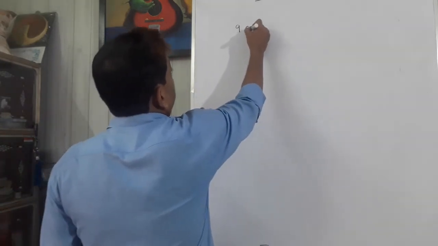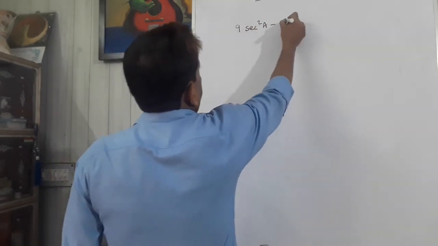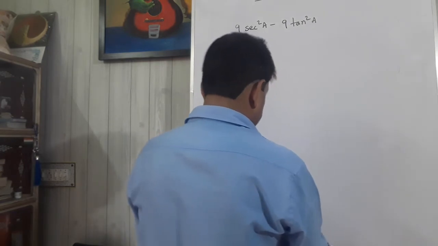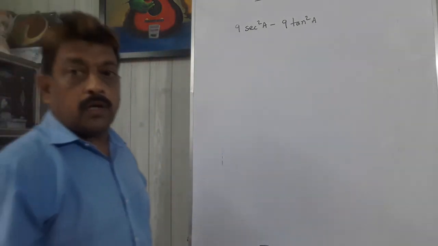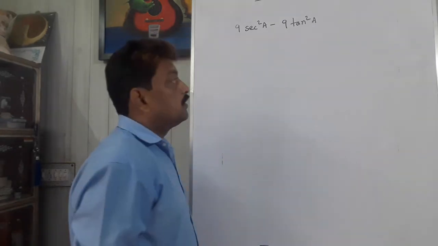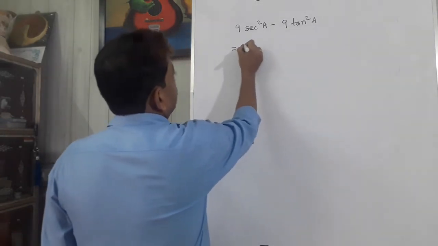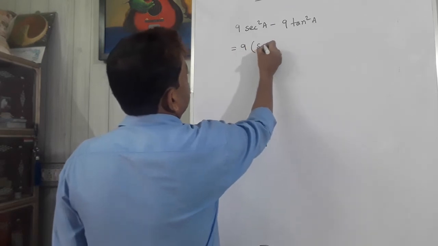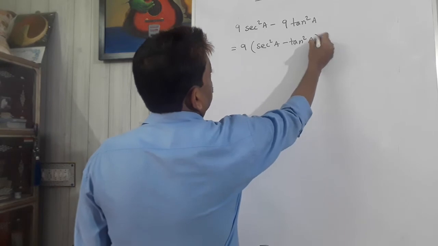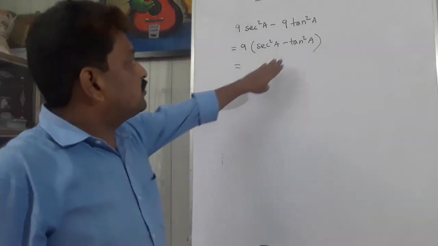Nine sec square A minus 9 tan square A, we have to find its value. First of all you can see that 9 is common from both the terms. So take 9 common, so it will be sec square A minus tan square A. Now what is sec square A minus tan square A?